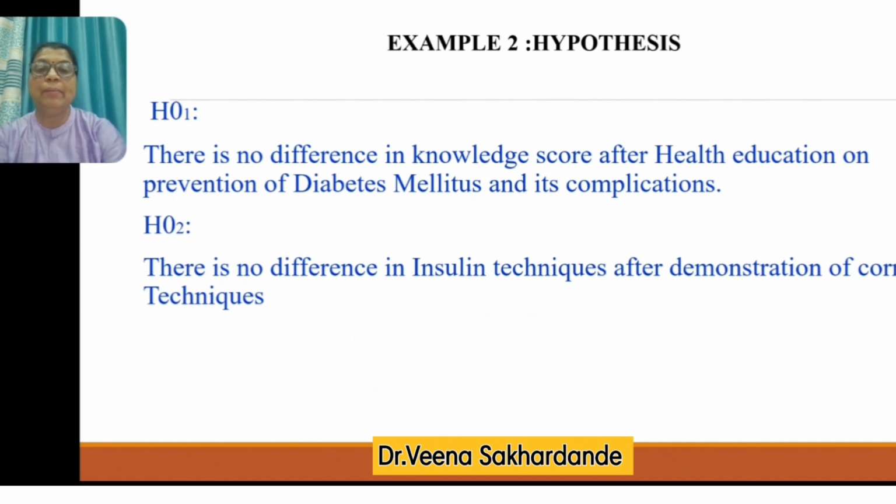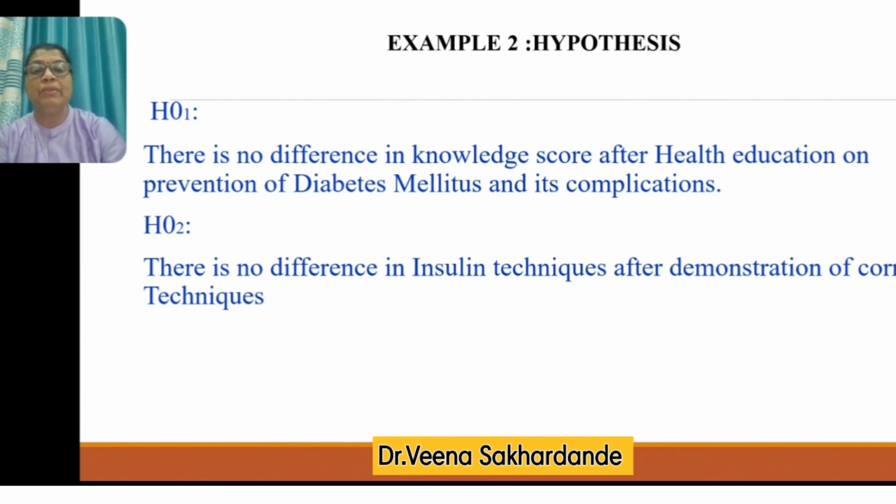So next example, again a very simple example. There is no difference in knowledge score after the health education on prevention of diabetes mellitus and its complication. After giving the health education, there is no difference or there is a difference. So this is a new method of writing the hypothesis, that is H01 and H02, where we write the hypothesis as per the protocol of the research methodology and ethical committee.